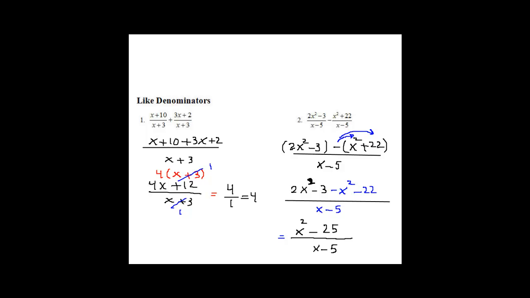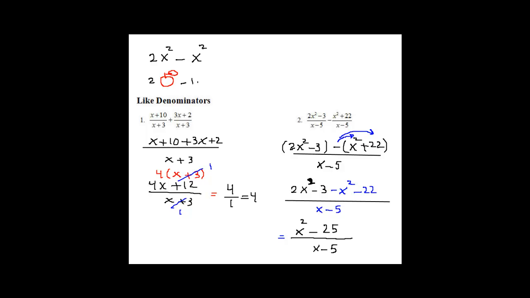I see. So if you have 2x to the power of 2 minus 1x to the power of 2, this is just like one apple here. X to the power of 2 is like an item. A minus, and then here I can write this as 1 apple.